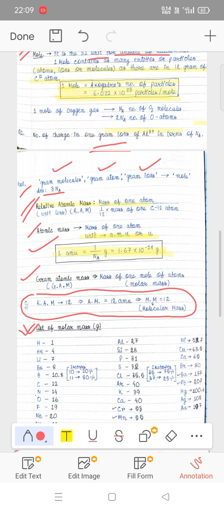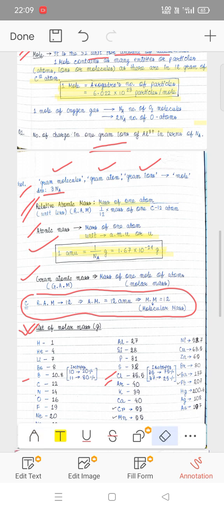Okay, now we will talk about some specific elements which are having isotopes. Now boron is having two isotopes, B10 and B11. Chlorine is having two isotopes, as I said, 35 and 37. Next there are no isotopes here.